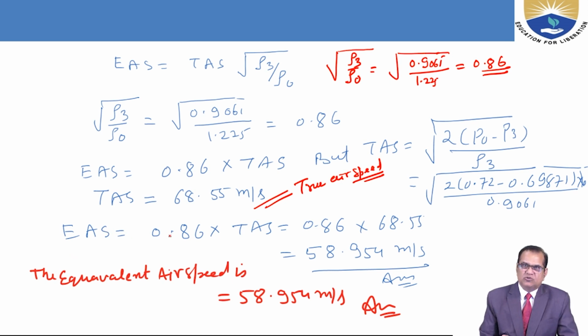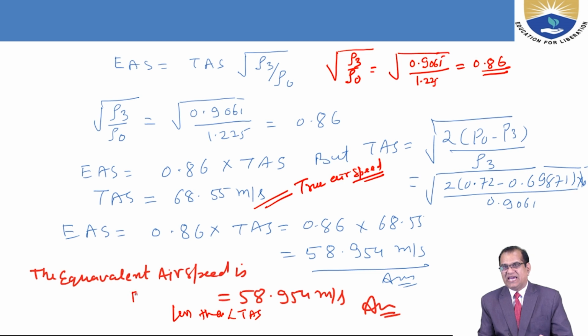Equivalent airspeed is equal to 0.86 into true airspeed, 0.86 into 68.55. So we will get 58.954 meter per second. So the equivalent airspeed, which is less than the true airspeed.